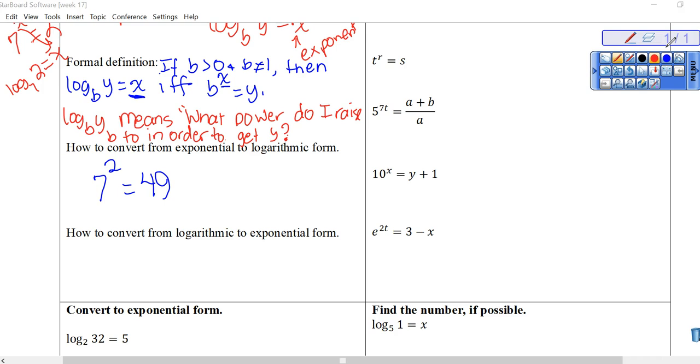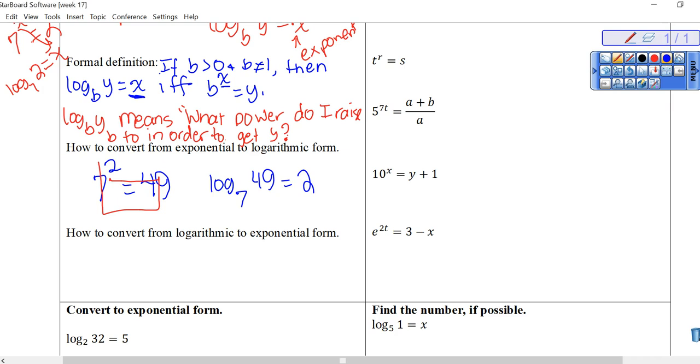I'm going to take my base number and drop it down into the basement. Then I travel to the other side of the equation and come up through the equal sign. So when I convert it, I write the log and put the base in the basement: log base 7 of 49 equals 2. So drop the base down, then go to the other side, come through the equal sign to the exponent.